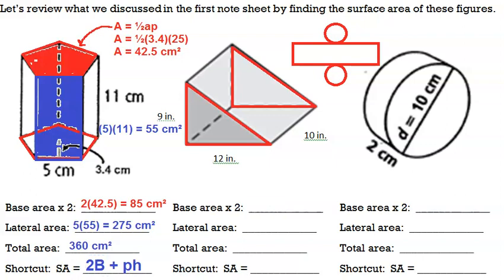Why are we using big B? Whenever you see a formula that involves big B, that's referring to the area of the entire base. It's not referring to a two-dimensional shape, like a triangle being 1/2 base times height. We're talking about a 3-dimensional figure, and that big B is the area of the entire base. So in this example, big B would be that number right there.